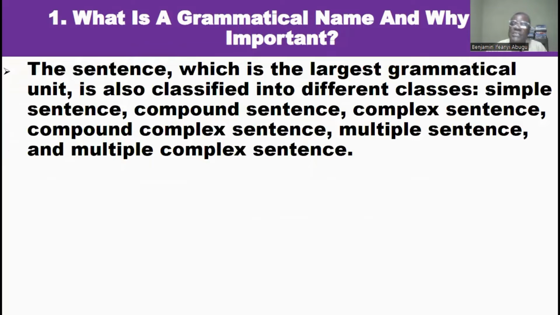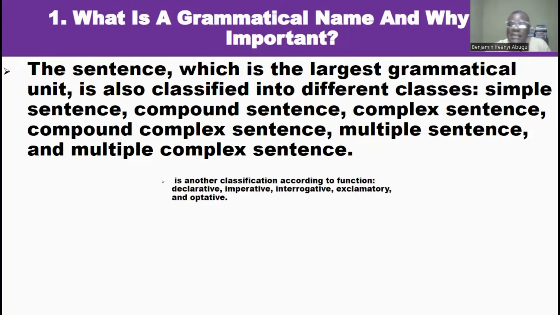The sentence, which is the largest grammatical unit, is also classified into different classes, namely simple sentence, compound sentence, complex sentence, compound complex sentence, multiple sentence, and multiple complex sentence. These are the classes or the types of sentences according to structure.